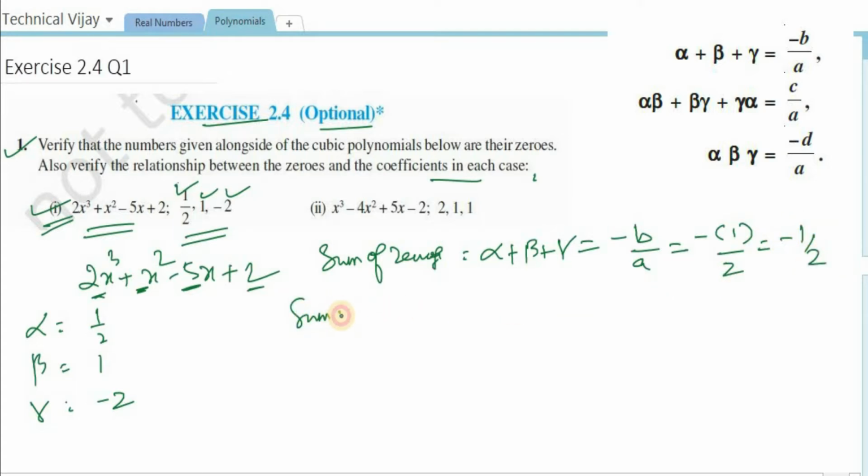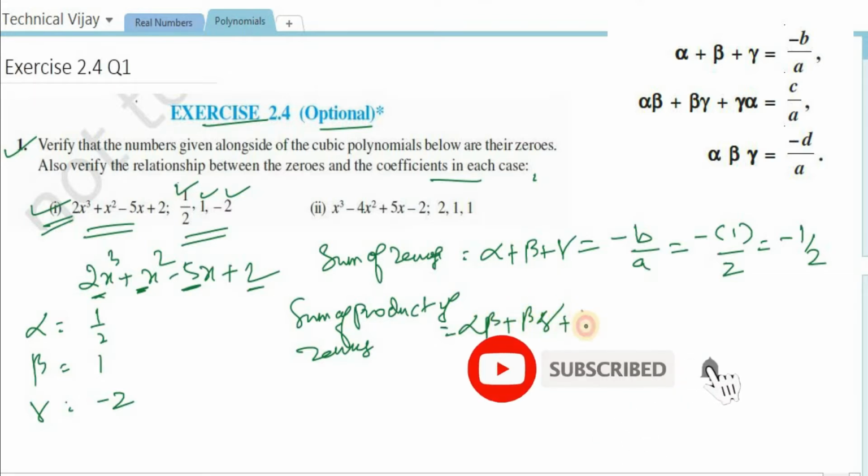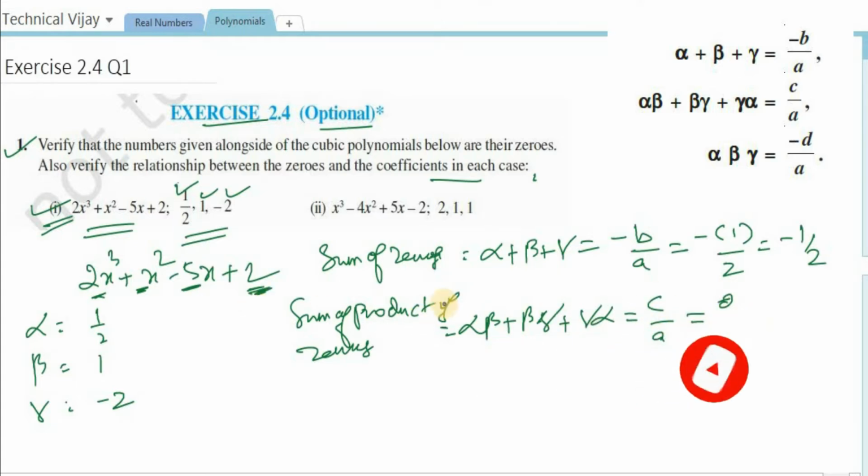Here the sum of products of zeros, that is alpha beta plus beta gamma plus gamma alpha, is equal to c by a. C is minus 5, so minus 5 divided by 2. This is minus 5 by 2.